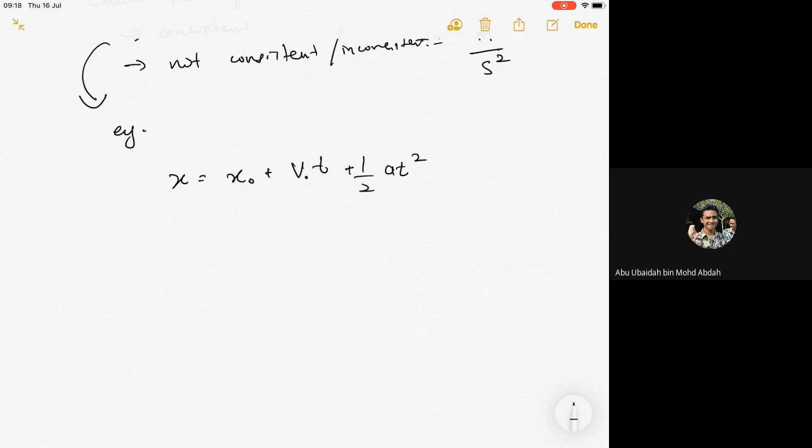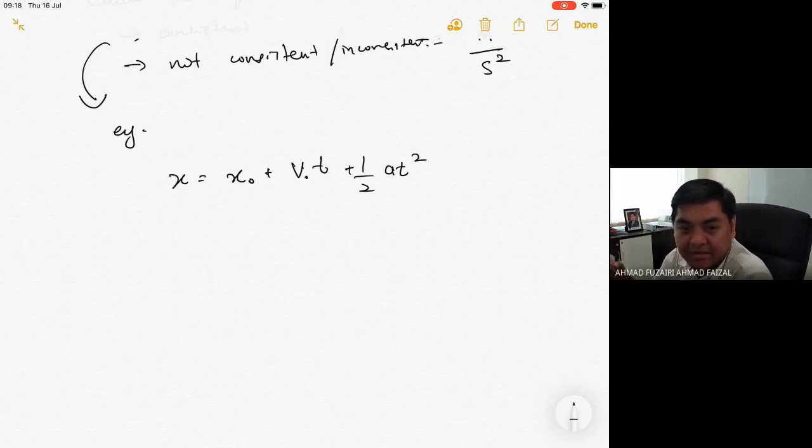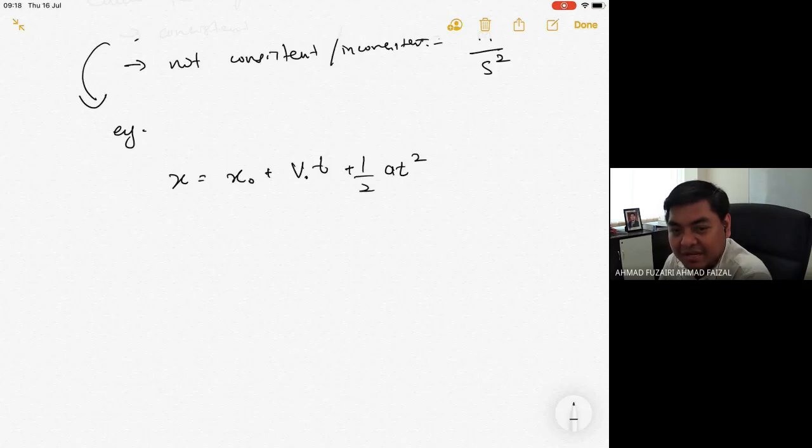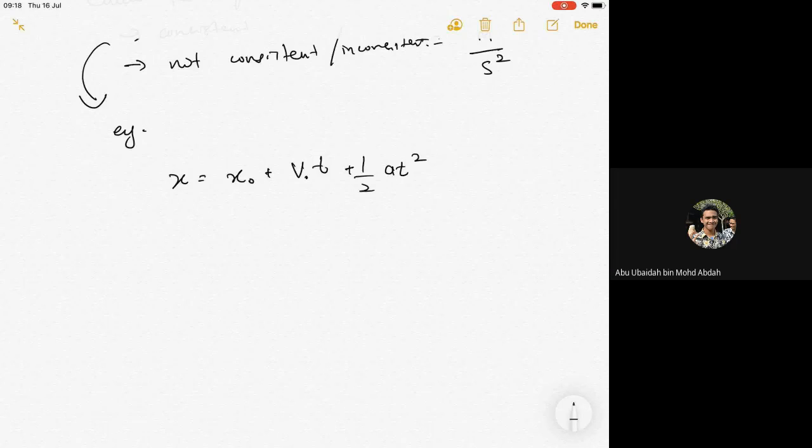Tak pernah? Pernah. Okay, agak-agak betul ke pernah? Because I also teach as tuition. I'm not seeing any kind of equation like this.